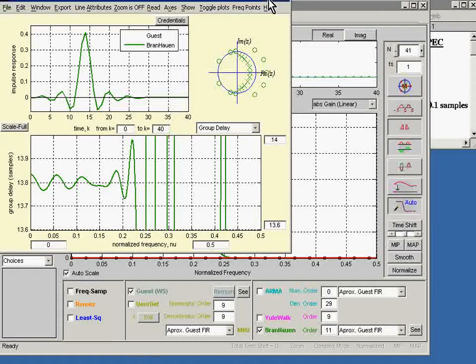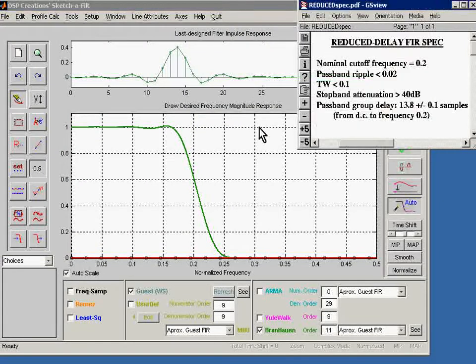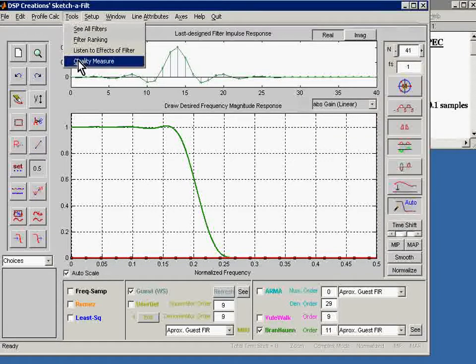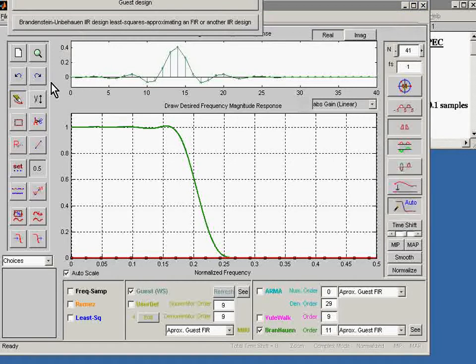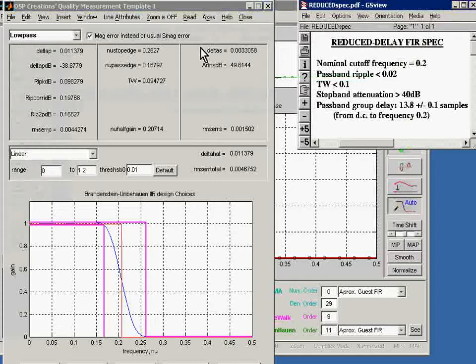I'll get rid of that picture, and I'll ask the question, have we met the specification in terms of magnitude? Well, let me just remind myself about what those specs were, and then go and call up a quality measure on this filter. I'm going to look at my Brandenstein one, bring it up, and see what it's telling me, and remind myself again.